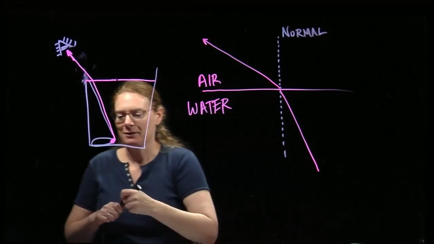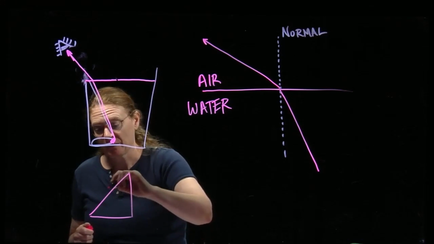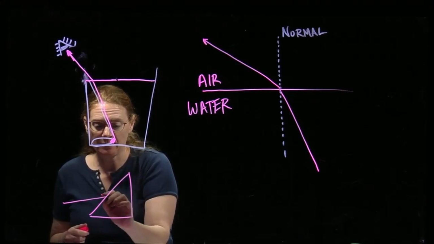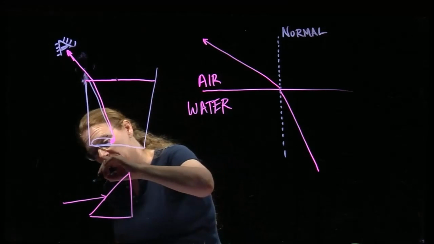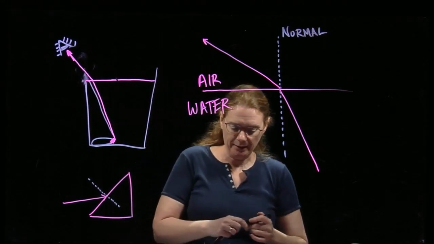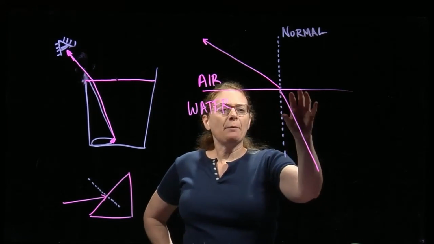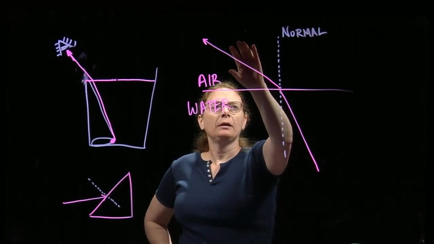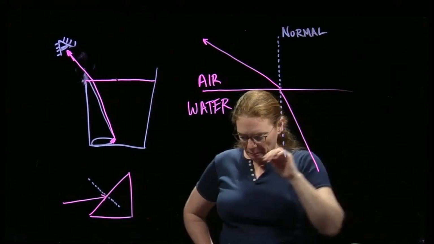If we had a surface like a piece of glass, and we have a light ray coming in like that, then the normal is perpendicular to the surface. So if we had a little triangular prism, our normal would look like that. Okay, so something happens going from water into air. It bent away from the normal.